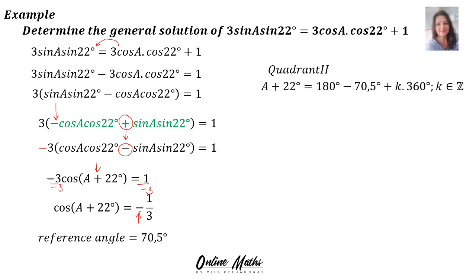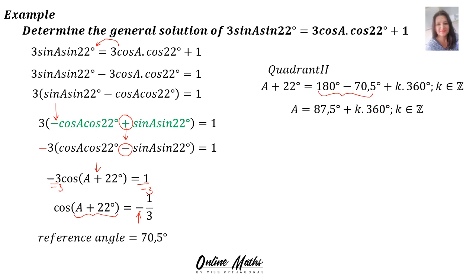Therefore, A plus 22 equals 180 minus reference angle plus k times 360, k element of Z, and then I solve for A. So the answer there is A is 87,5 degrees plus k times 360, k element of Z.